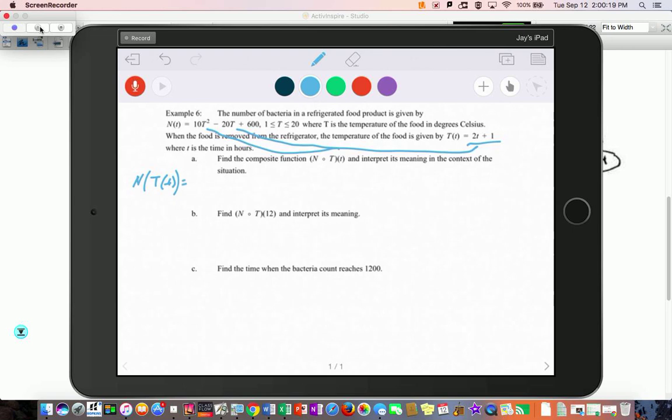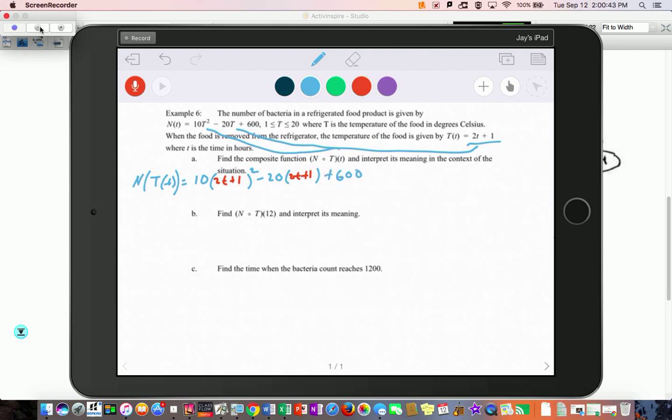So it looked like 10. This is when we put our 2t plus 1 in there, 2t plus 1. And that input is being squared. Then we have minus 20. And again, 2t plus 1 goes in there. And then it's plus 600.